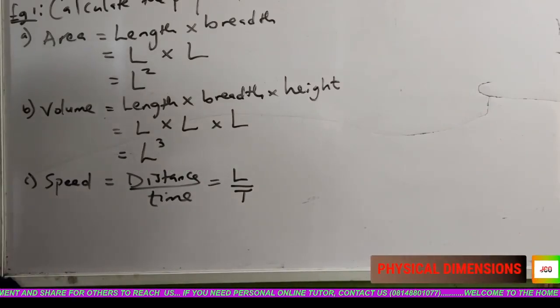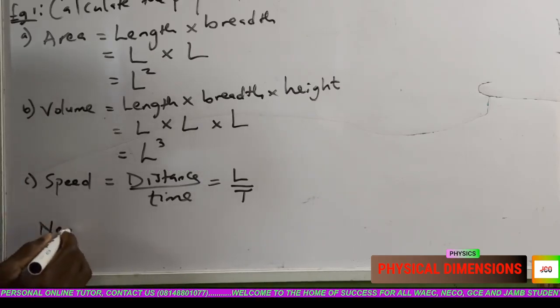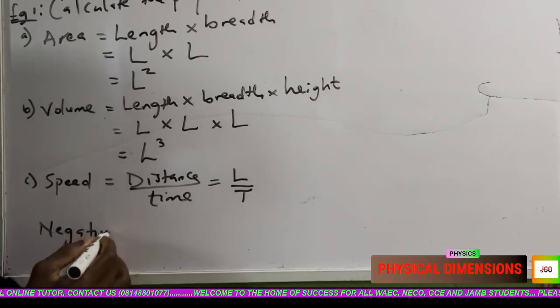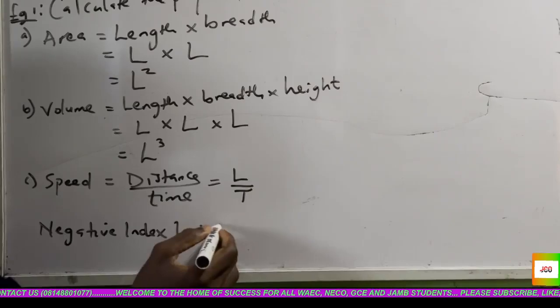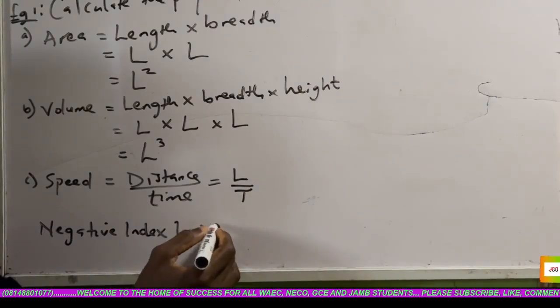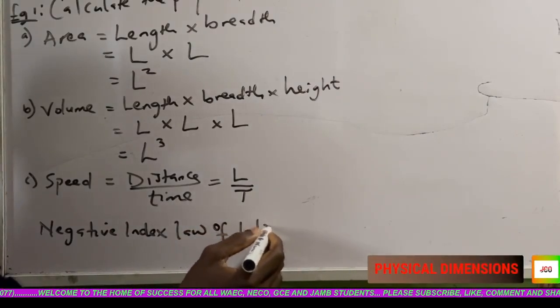But do I stop there? No. We need to go back to our indices class. Among the indices laws, we have the negative index law. Negative index law in physics, in indices.